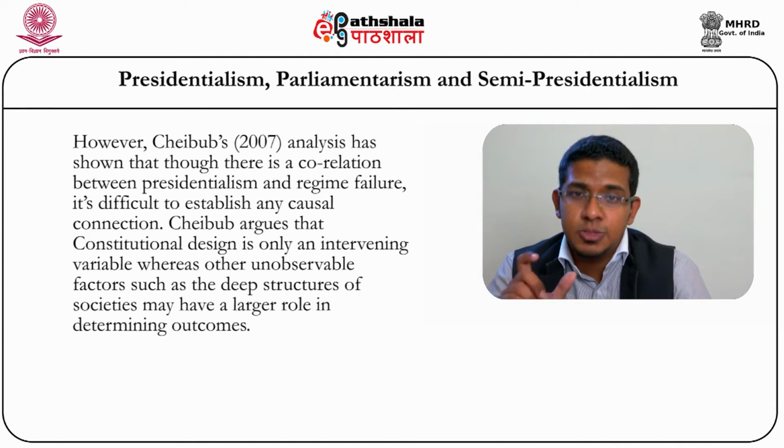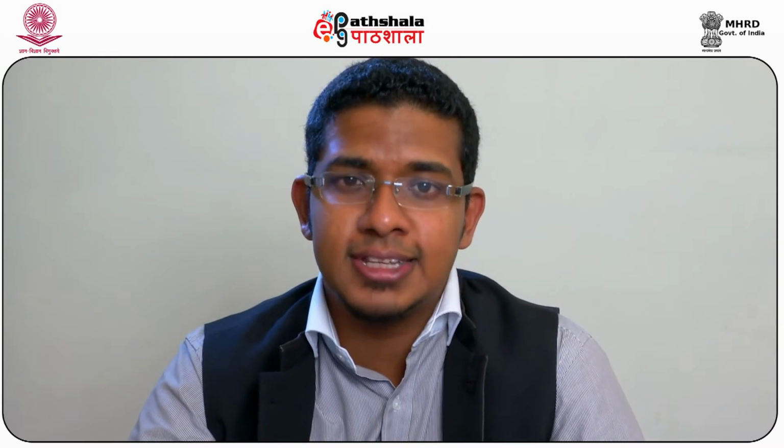So the point is, despite the fact that presidential systems are more prone to regime failures, it's very hard to establish a causal link. That is, it's hard to establish that it is because of the constitutional design of the presidential system that the regime has failed. Establishing correlation is possible. Establishing a causal relationship requires much clearer evidence. And this is a fundamental aspect of any social science inquiry.